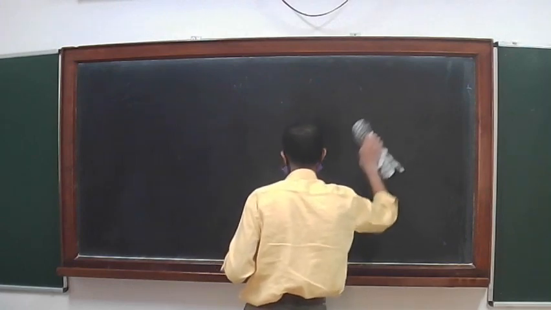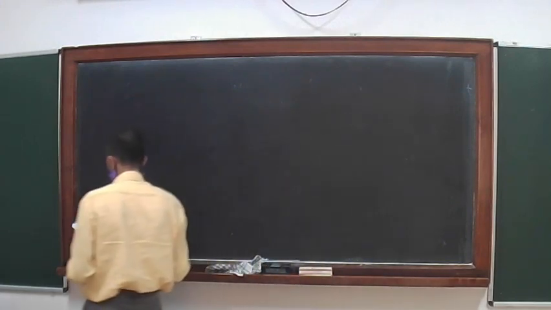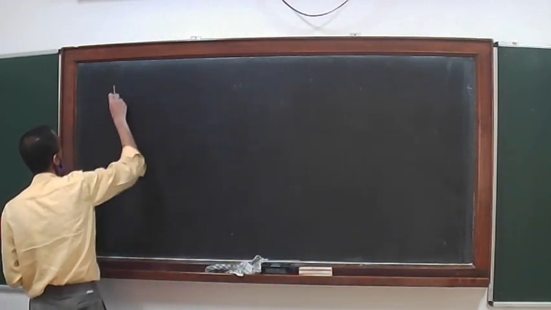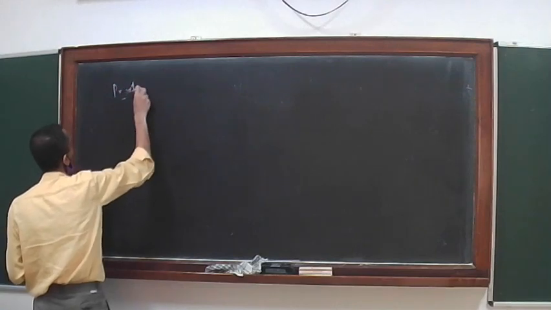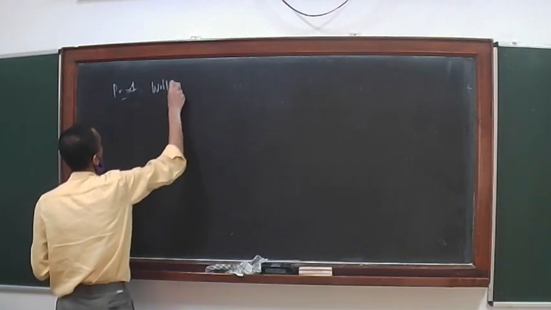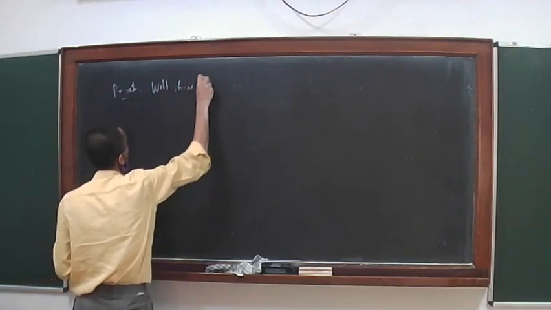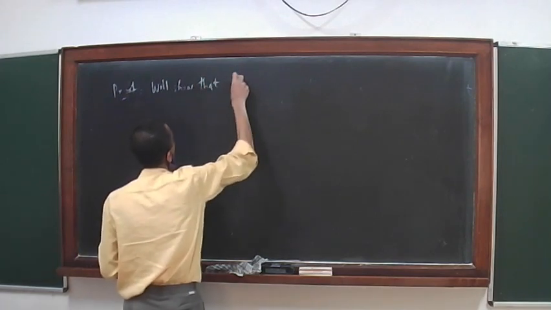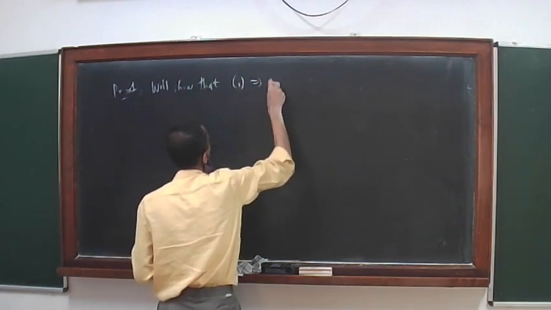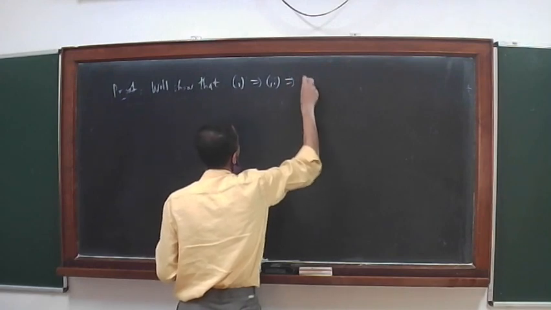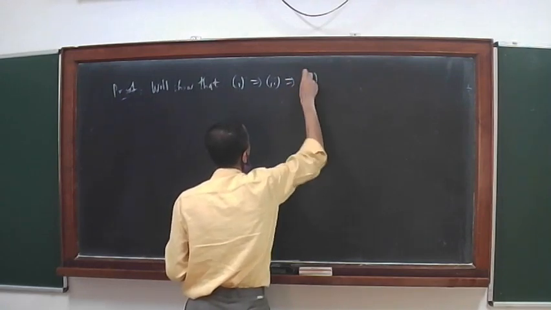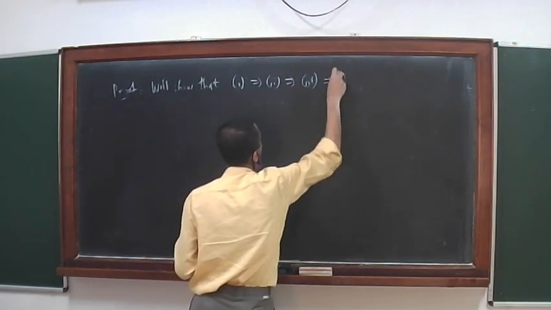That's what we mean by equivalent. So we will prove this by showing that 1 implies 2 implies 3 implies 1. That is the way we'll show it.